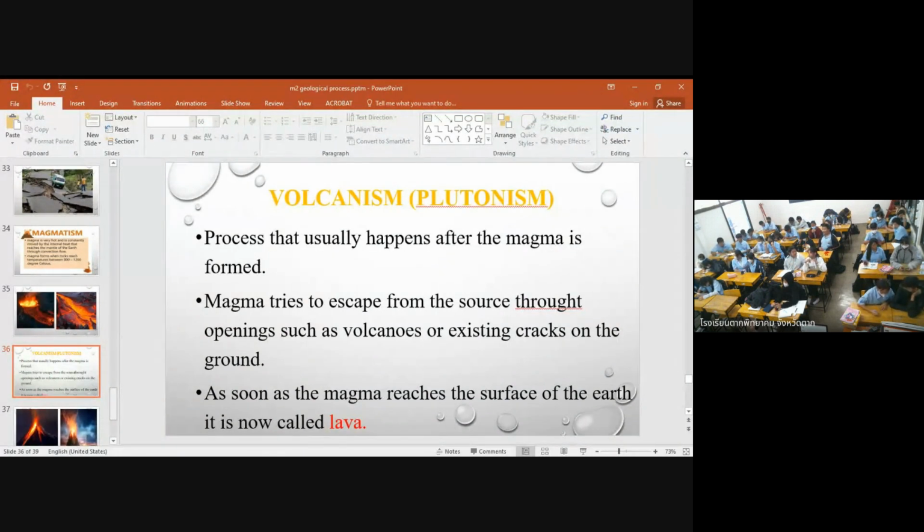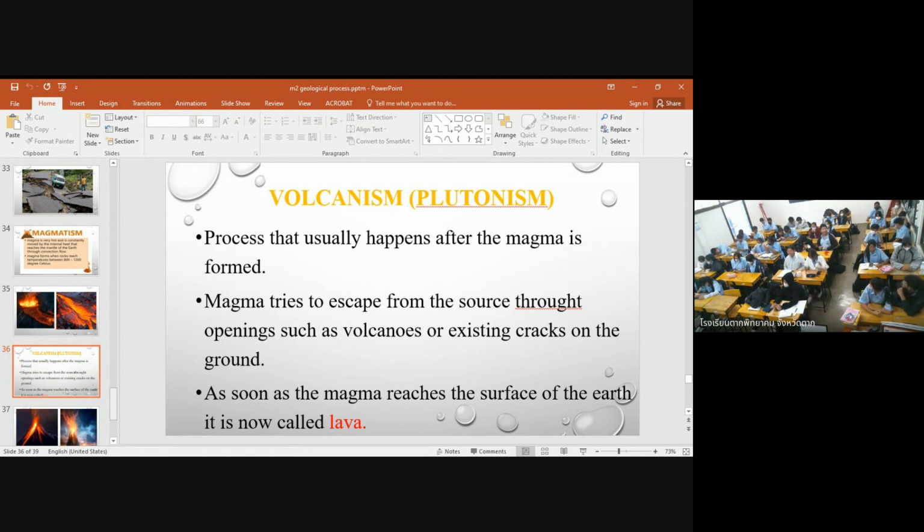Some volcanoes are not just exploding or escaping from the mouth of the volcano. Some are existing in cracks on the ground. So not all magma comes from the mouth of a volcano, but just remember some are existing cracks on the ground.